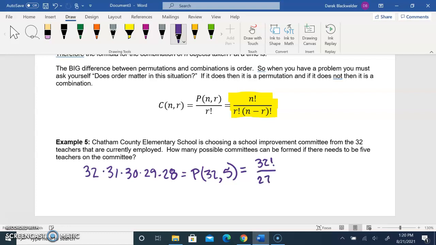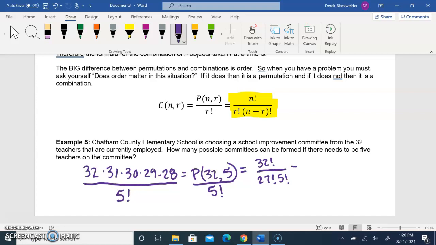If I were writing out the permutation, that would be 32 factorial divided by 27 factorial. But now I want to divide out the number of ways that these 5 teachers can be rearranged. Those 5 teachers are rearranged by doing 5 times 4 times 3 times 2 times 1, so 5 factorial. We're basically dividing this by 5 factorial, so we multiply this denominator by 5 factorial.